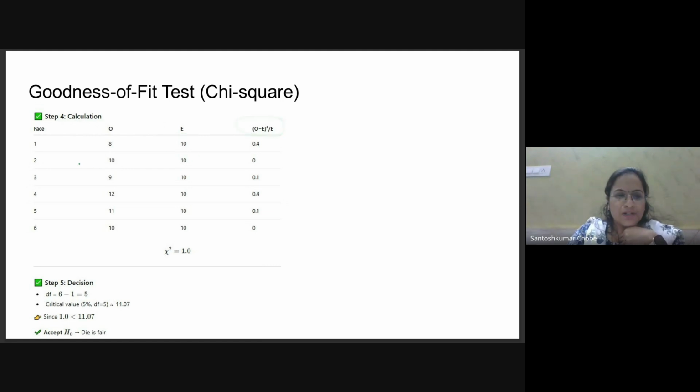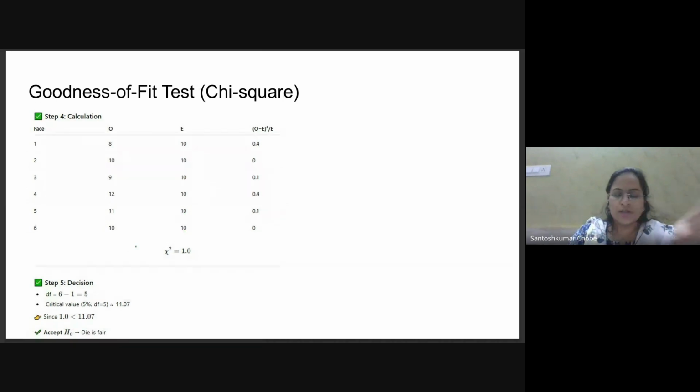My observed frequencies were given in the numerical. My expected frequencies, as I already said: I am expecting that every face should come an equal number of times, because I claim that it's a fair die. Correct? So the expected frequency is 10, 10, 10, 10 for every face.